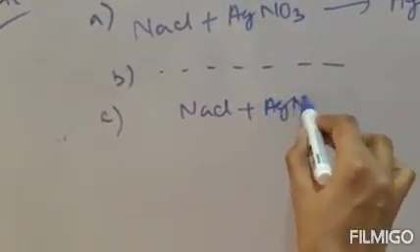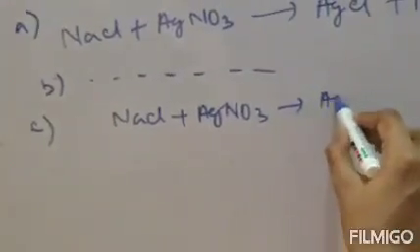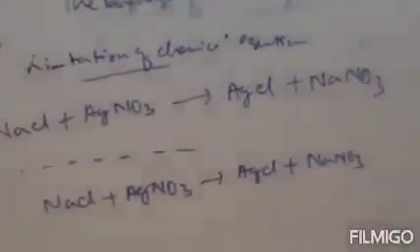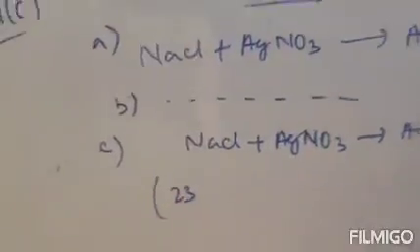So write the equation again: NaCl plus AgNO3 gives AgCl plus NaNO3. So we have to find the weight of the reactants and the products. The weight of sodium is 23. Weight means molecular weight.